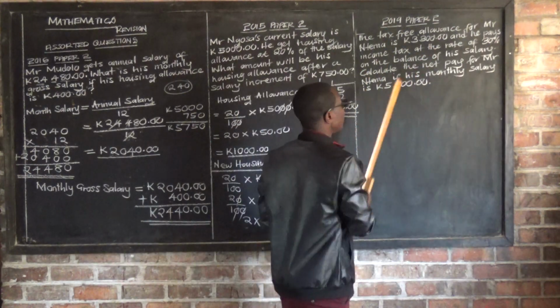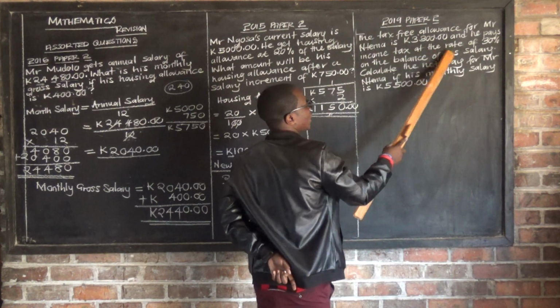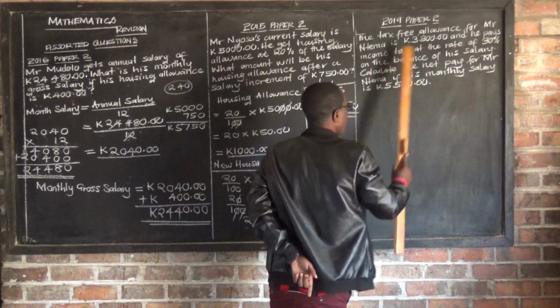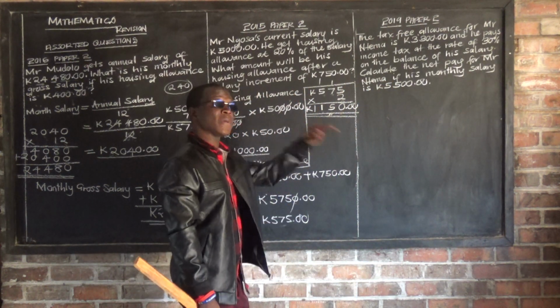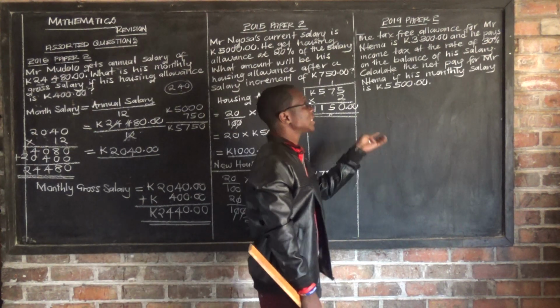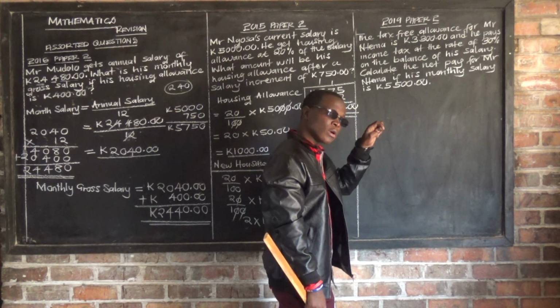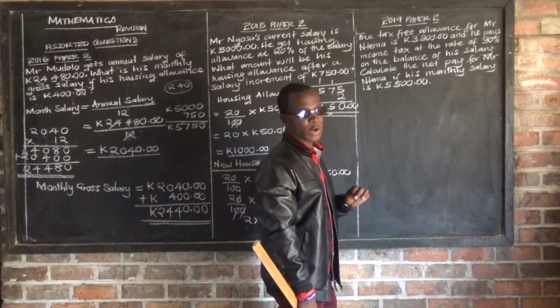Then he pays income tax at the rate of 30% on the balance. So this person was only paying 30% as tax. Only 30% on the balance. On the balance of his salary.